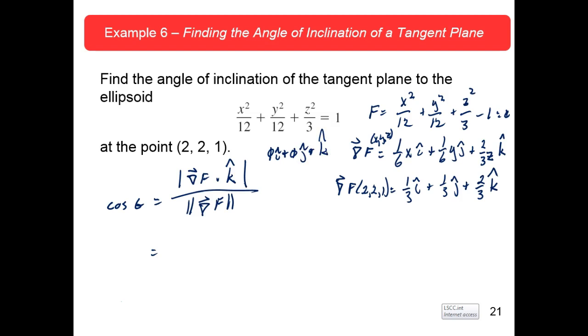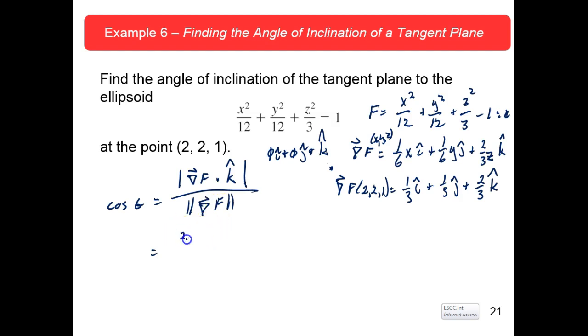Dot these two. Zero times 1/3 is 0. 0 times 2/3 is 0.